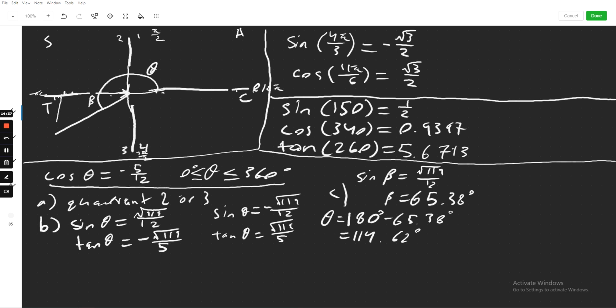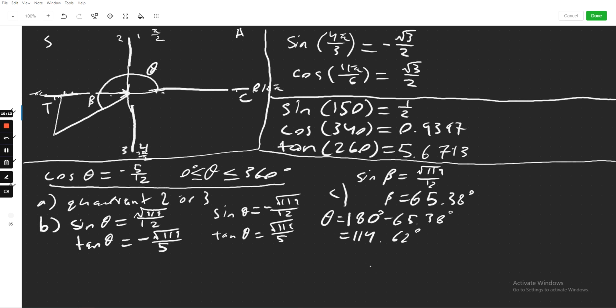So we have this terminal arm over here. Now we can use tangent beta. If it was in the third quadrant, tangent beta is equal to root 119 over 5. Therefore, beta in this case is 65.38 degrees still.